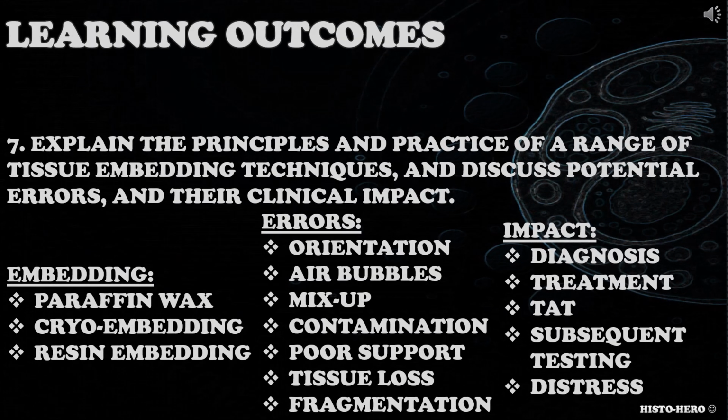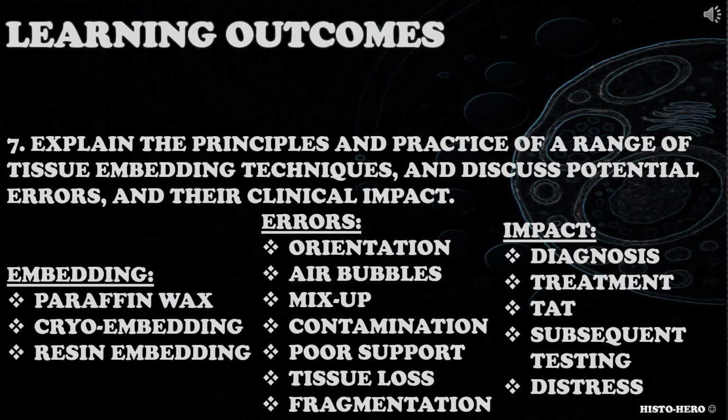The seventh learning outcome is for the candidate to explain the principles and practice of a range of tissue embedding techniques, and discuss potential errors, and their clinical impact. What are the principles and practice of embedding? Consider embedding techniques like paraffin wax, cryo-embedding, and resin or plastic embedding. What could be the potential errors associated with embedding?